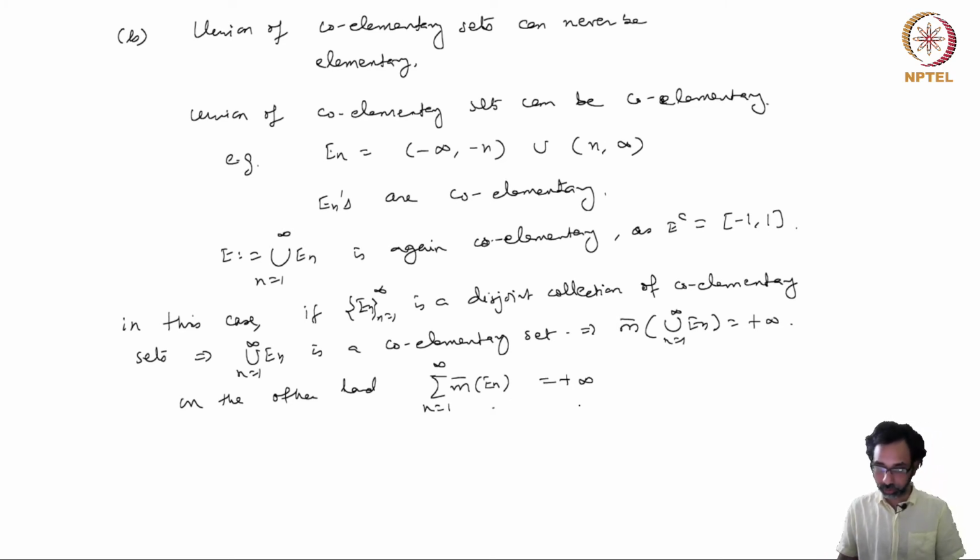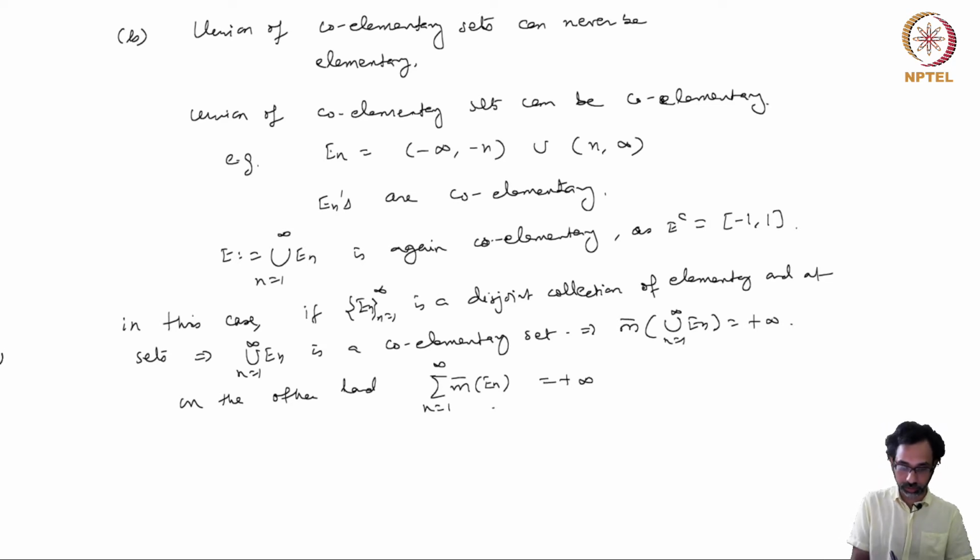So even if one En is co-elementary, so let me write not just a disjoint collection of co-elementary sets, but a disjoint collection of elementary and at least one co-elementary set, then this means that the union is a co-elementary set, and you have plus infinity on both sides.